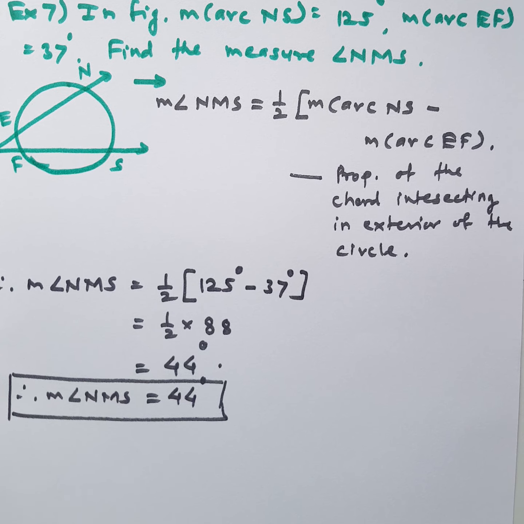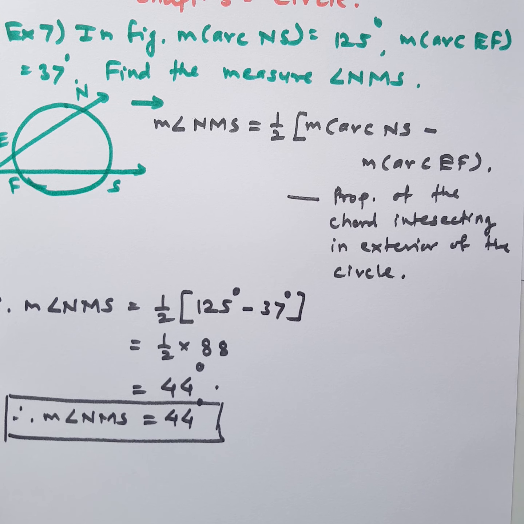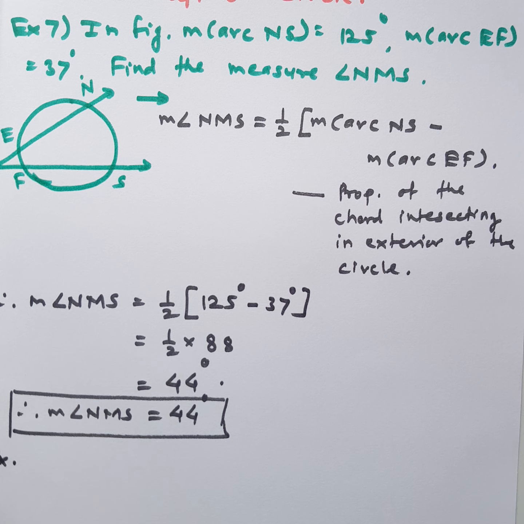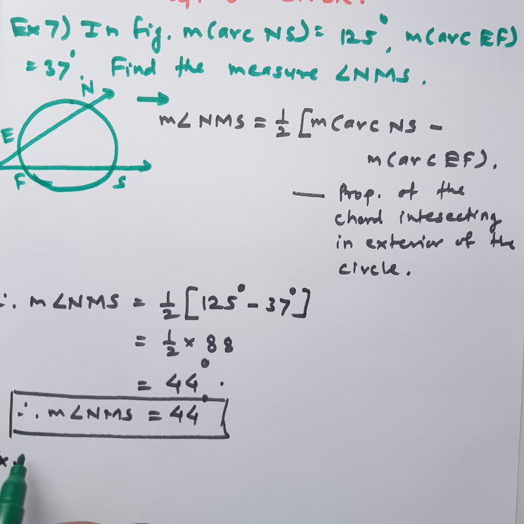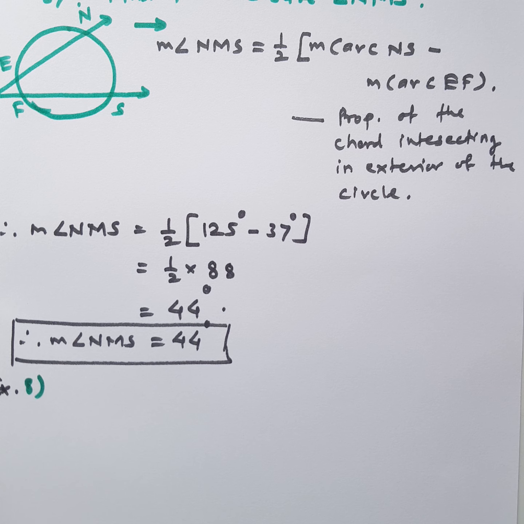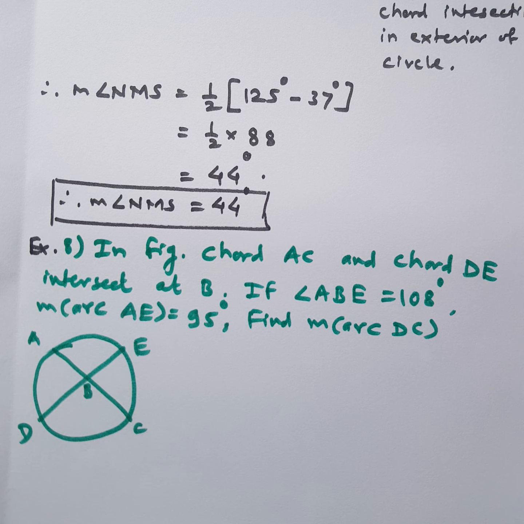Now, these examples are from practice set 3.4. We have seen example number 7. Now example number 8 is again on intersecting chords, but they intersect each other in the interior of the circle. See the example.